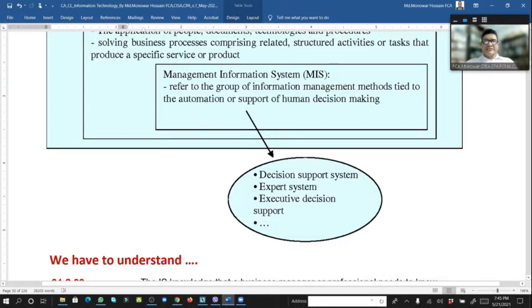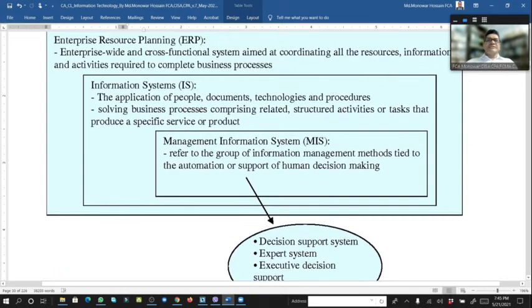Look here, in the oval box: decision support system, expert system, executive decision system. That type of system is also part of management system, and that type of system is for the top management. And this management system is a part of information system.